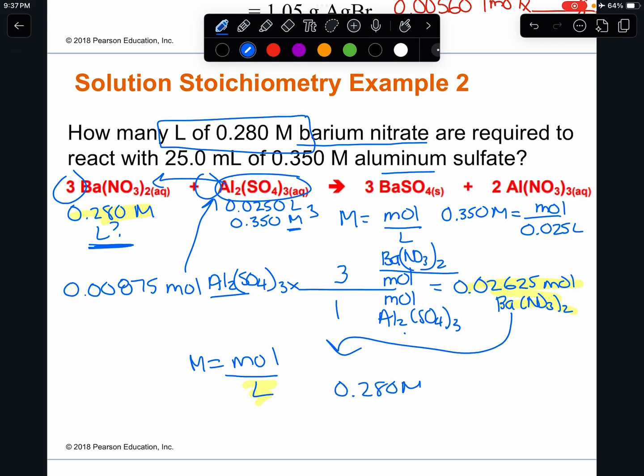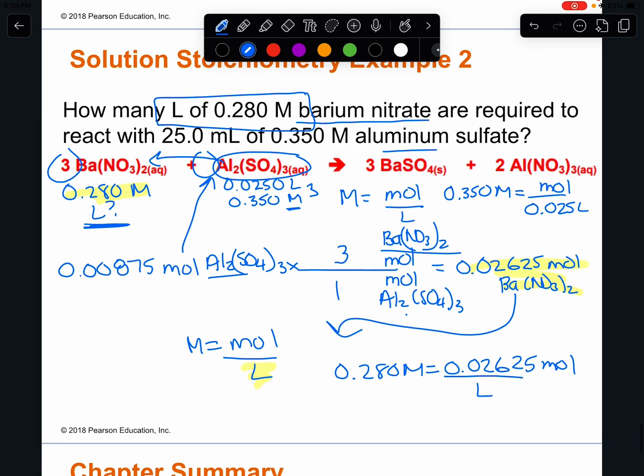Okay, so I'm going to plug our information in here. 0.280 molarity equals 0.02625 moles over liters. And I showed you how to solve for something on the bottom prior, so if you need help with that, go back. And when I solved this, my answer was 0.09375.